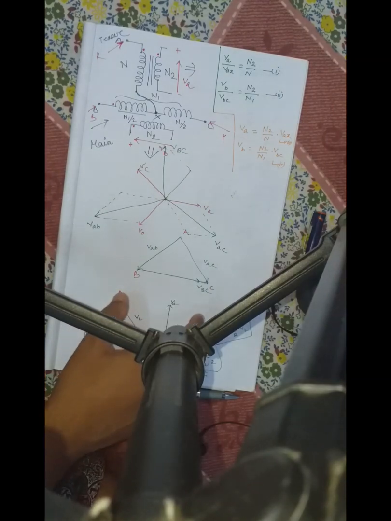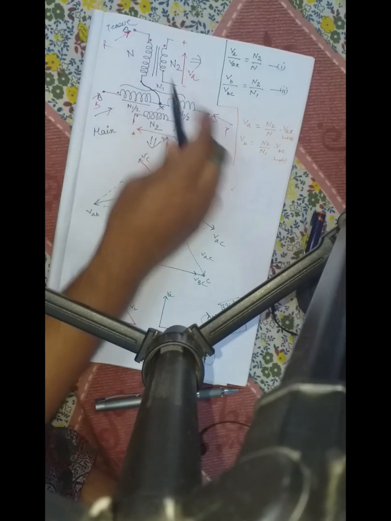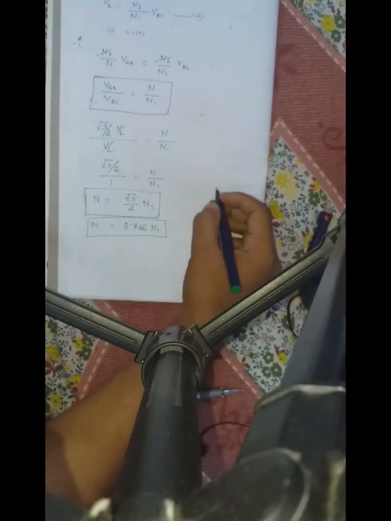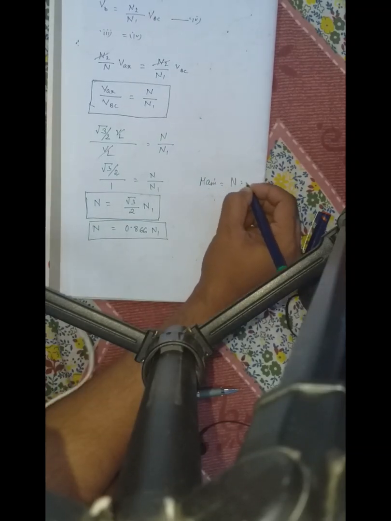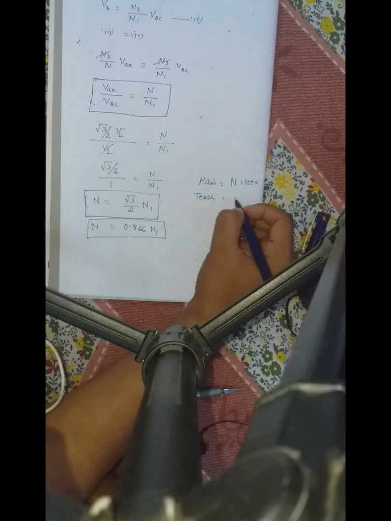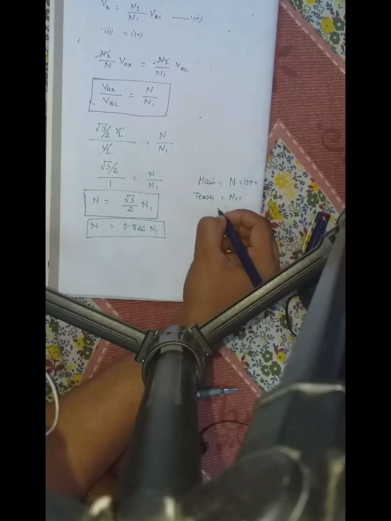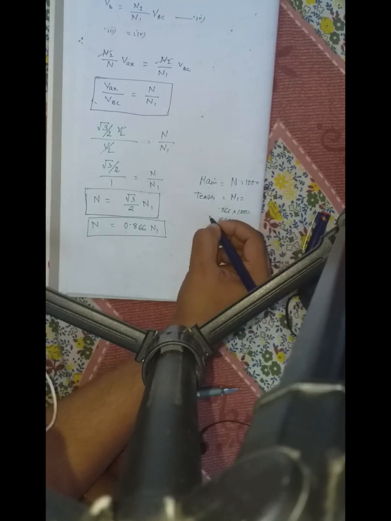The application of Scott connection is in the electric furnace. In an electric furnace, the transformers are Scott connected. As an example, if the main transformer turns N is equal to 1000, then the teaser transformer turns N1 will be 0.866 into 1000, that is 866 turns.